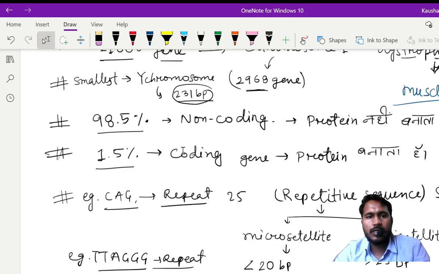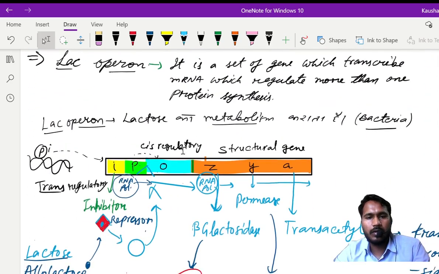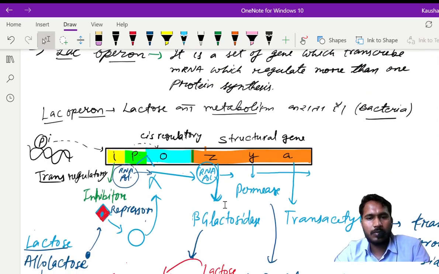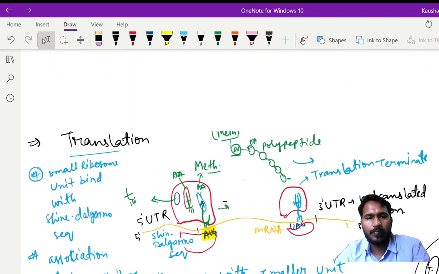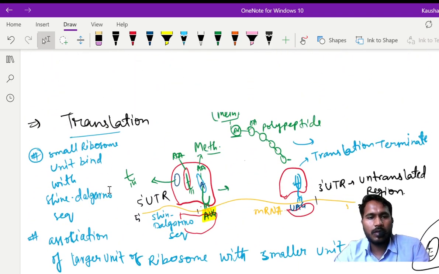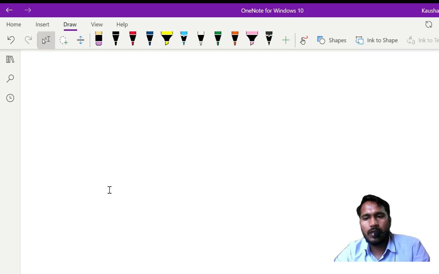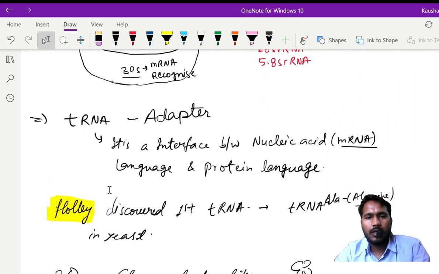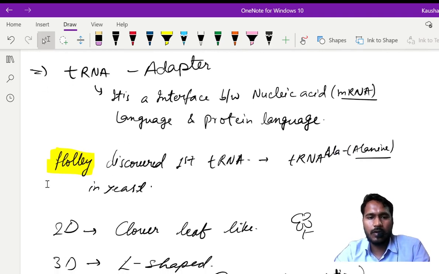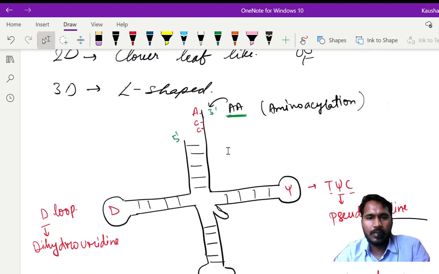So you can see here, this is the lac operon system, which I explained in the videos. Translation. Now, tRNA was discovered by Holley, and it has two shapes: a 2D clover leaf form and a 3D L shape.